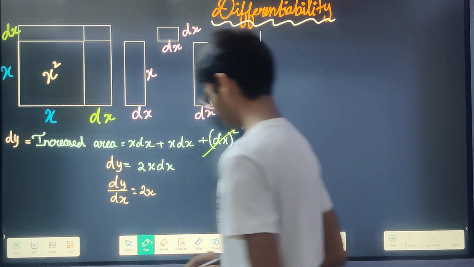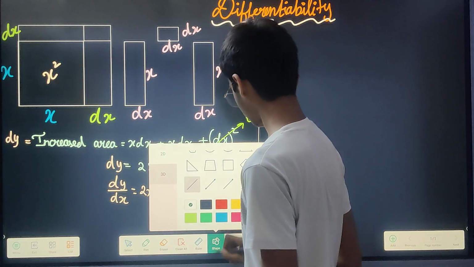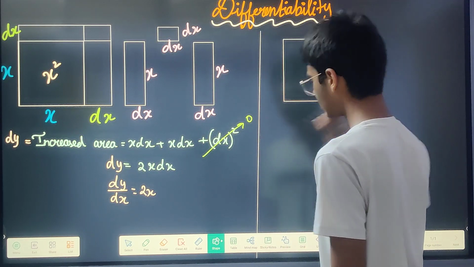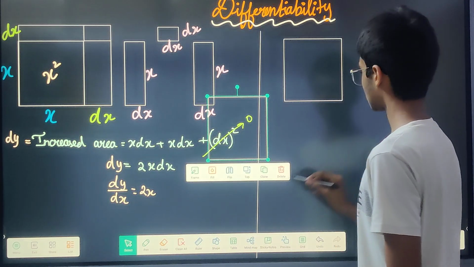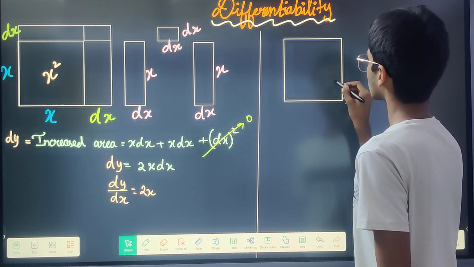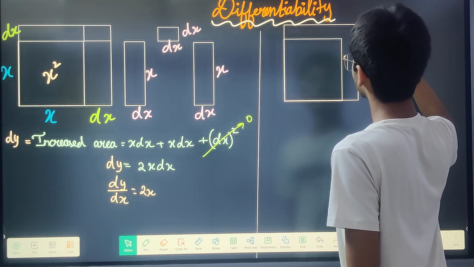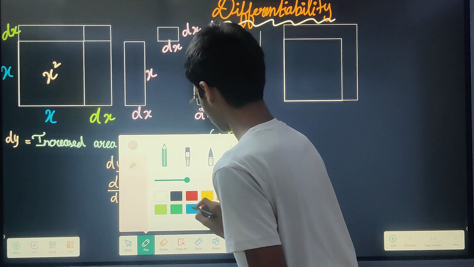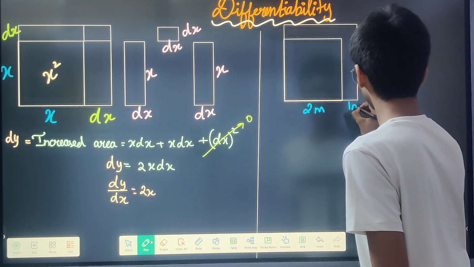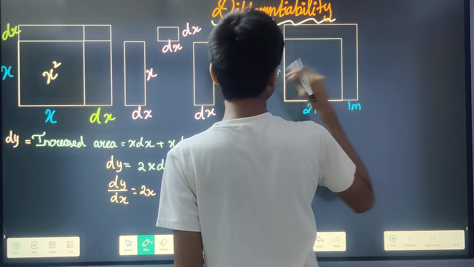So for an example, this is what the square is, and then the increased length of the square is this much, which is over here 2 meter, and over here 1 meter, over here also 1 meter, over here 2 meter.